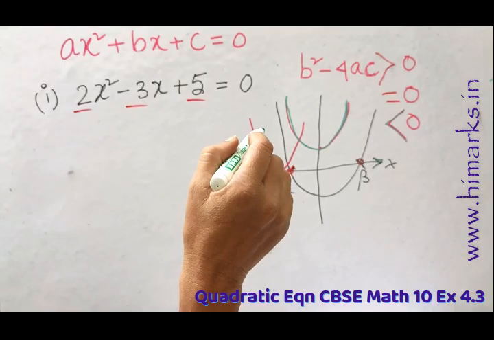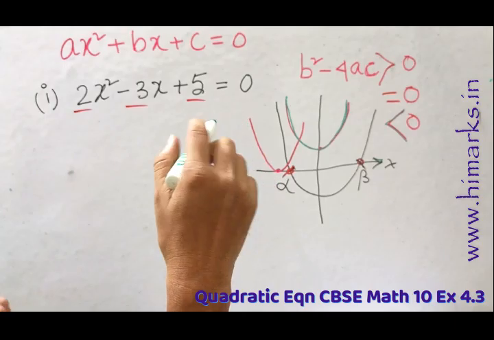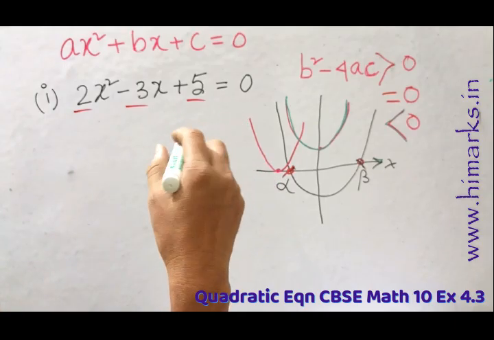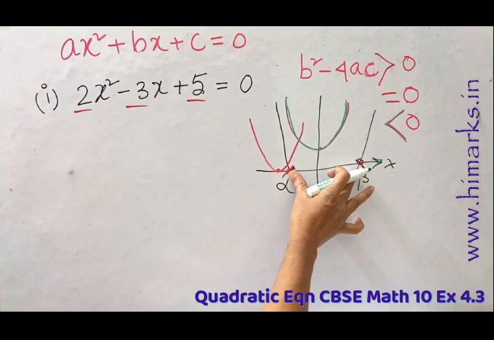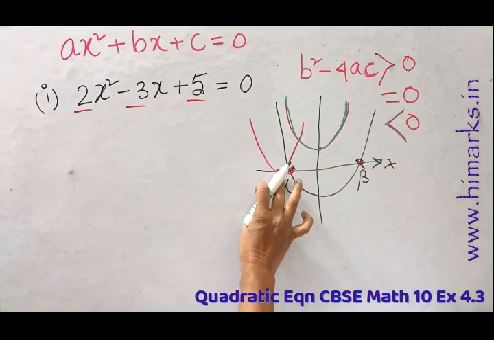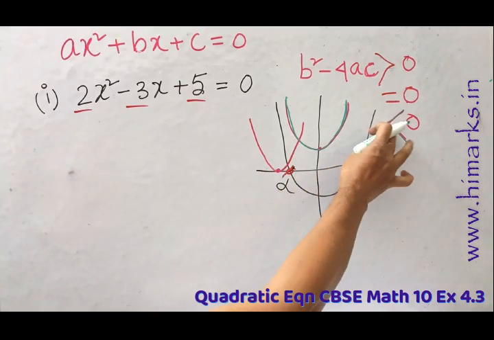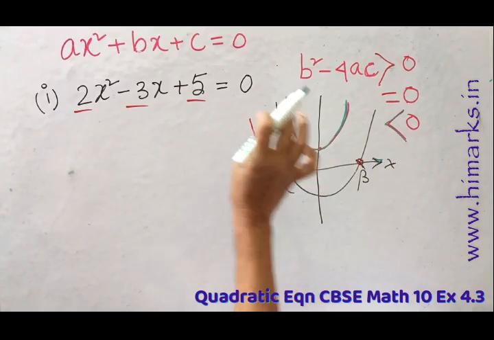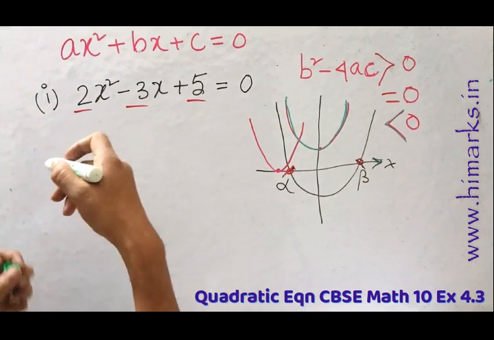That's the purpose of this chapter. So characteristics of the root means you have to tell whether it is cutting, two real roots; or also a real root but a single solution, where two roots are equal; or in this case real roots are not available, that is an imaginary root.